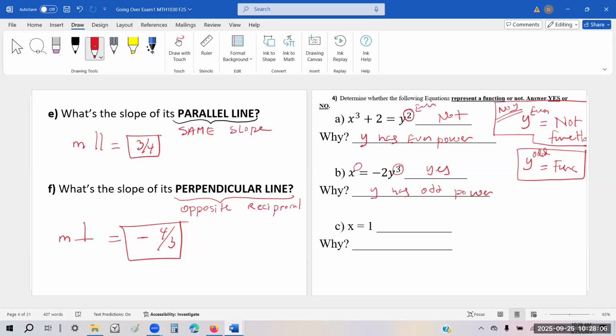Which one has even power? Which one? I'm asking what is even power? X or Y? Oh, there is no word uneven for math. It's odd. But I give you points because I understood your concept. So we don't have uneven number. We have odd or even.